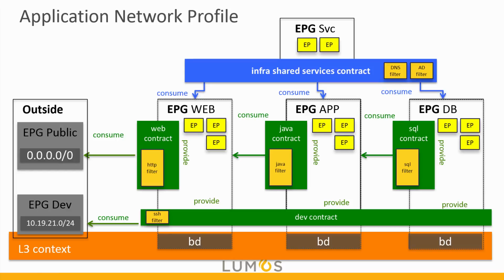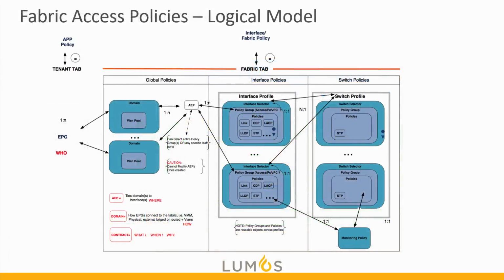So now that we've gone through all of this, I want to bring us back real quickly to the Fabric Access Policies logical model, just to bring in that now we've been talking on this module strictly about the Tenant tab, and we now have the EPG, right? And the EPG is the who, the endpoint on our network. And remember, that goes back to the domain, which is how we know about them.